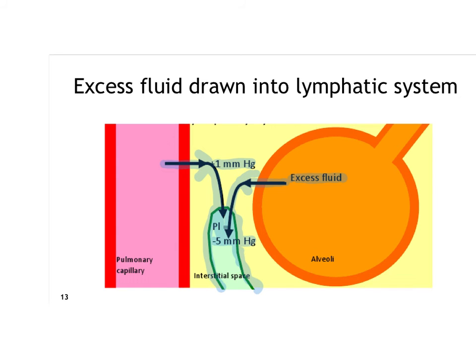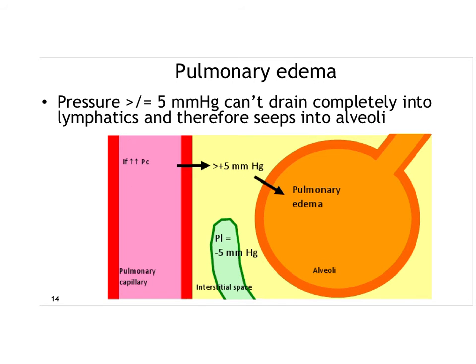For example, let's look at this next slide. Okay, in this situation, let's say that I've got a circumstance in which my pressure is greater than 5 millimeters of mercury pressure. Well, how could that happen? How could this be greater than 5 millimeters of mercury pressure? Okay, well, let's just see. What if I had a situation where I had left-sided heart failure?